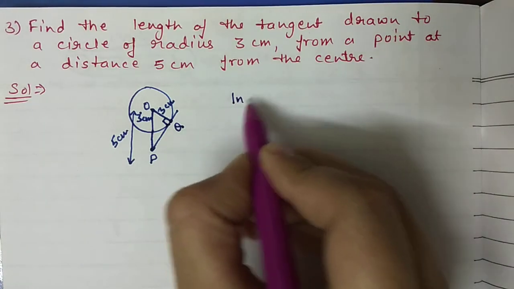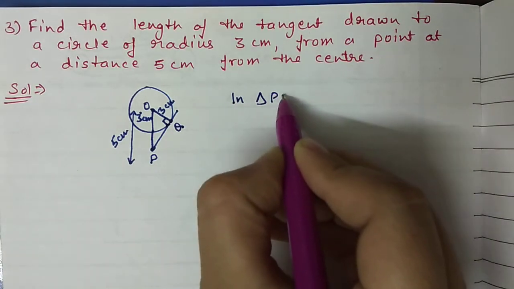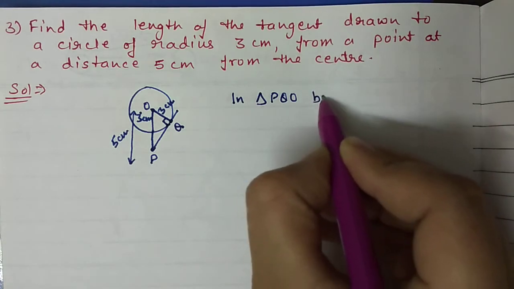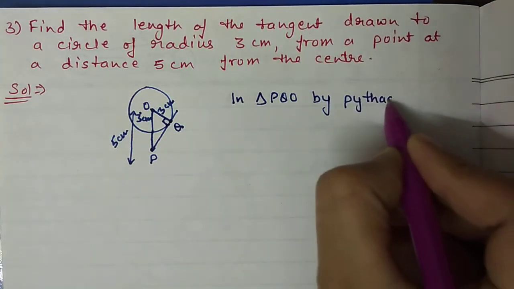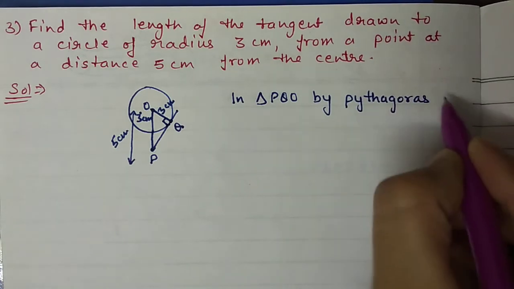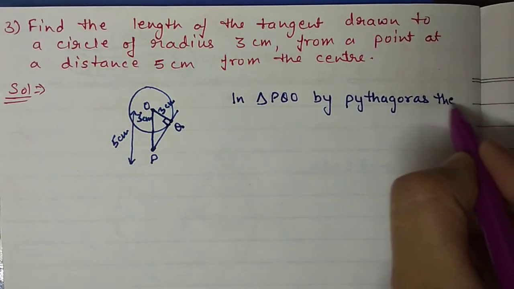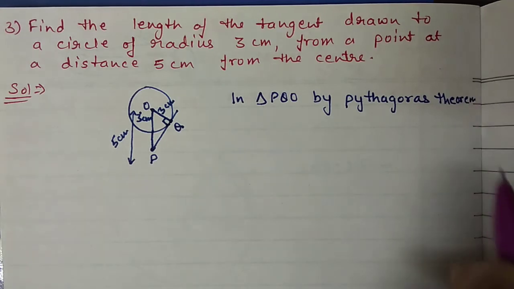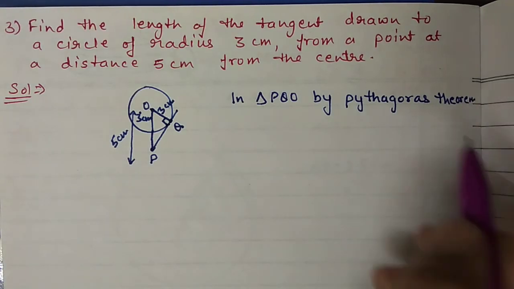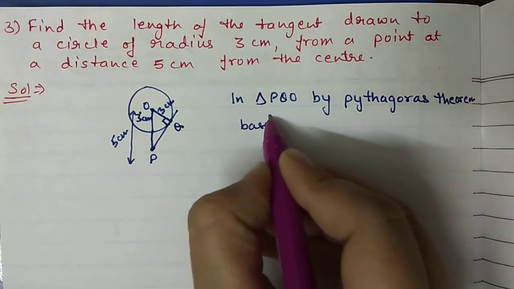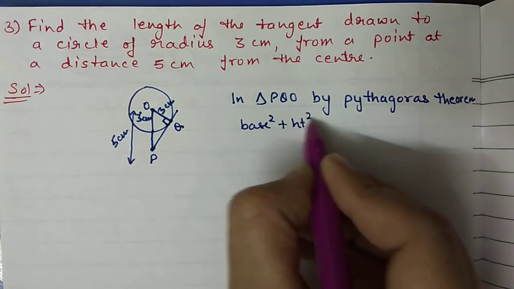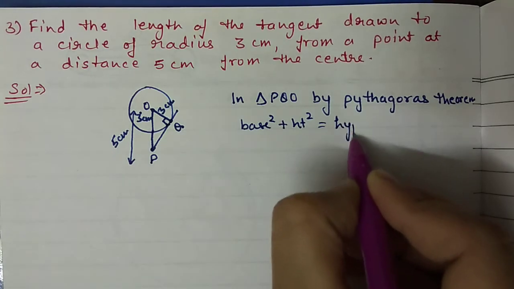So now in triangle PQO we can use the Pythagoras theorem. According to the Pythagoras theorem, base square plus height square is equal to hypotenuse square.